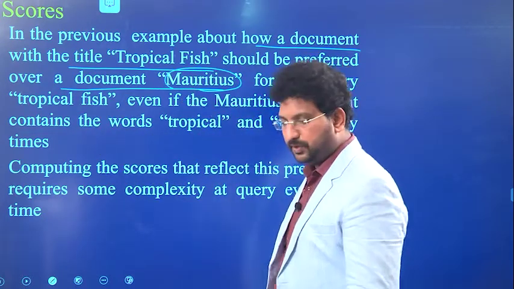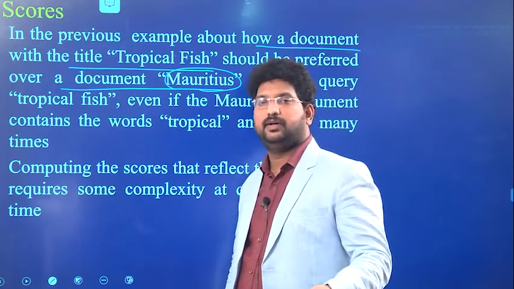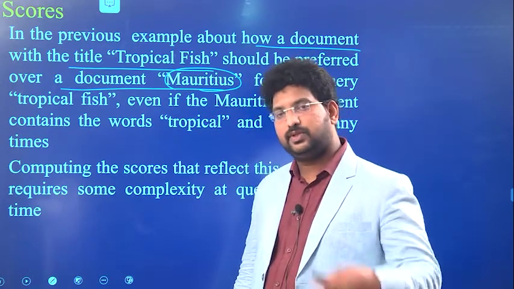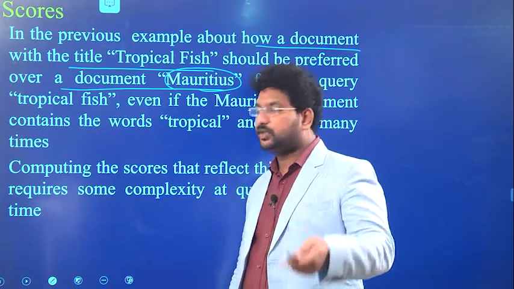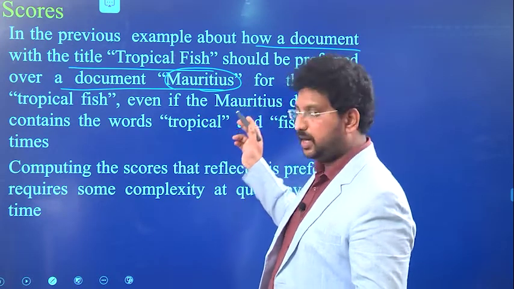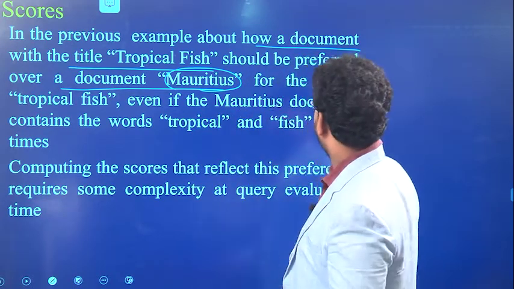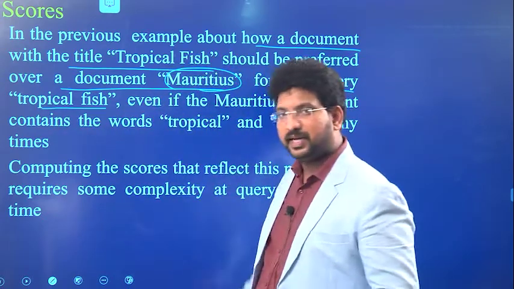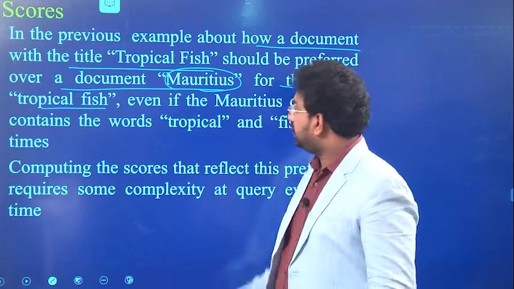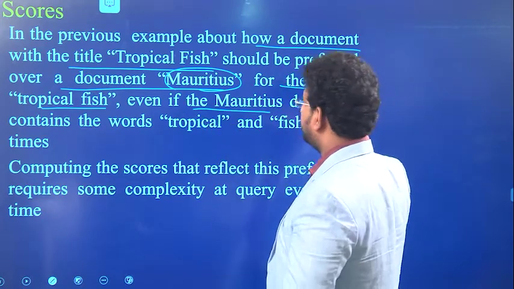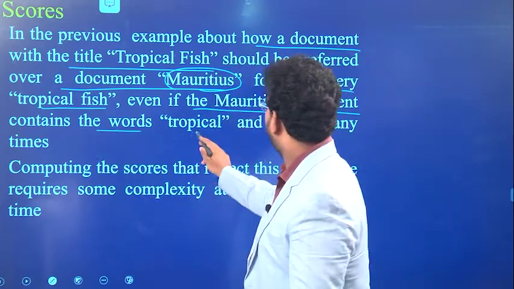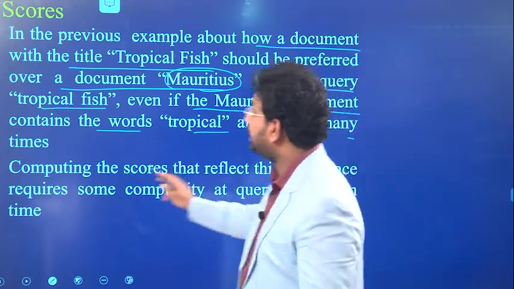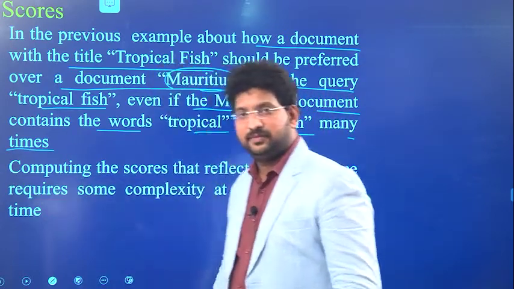Whenever you try to identify the particular phrase tropical fish, even though the title tropical fish is not there, there is Martius, and it has to be identified for the query tropical fish, even if the Martius document contains the words tropical and fish many times.